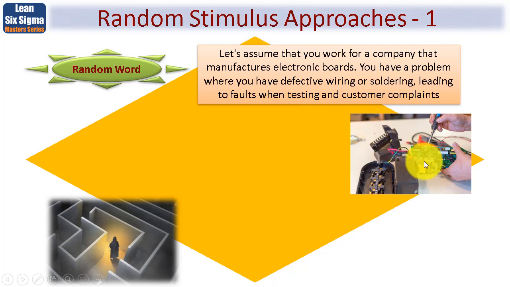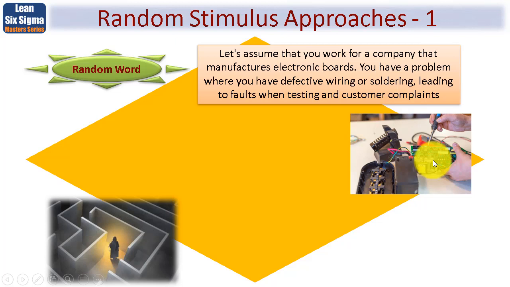Here's a typical electronic board that I'm familiar with, lots of different electronic components on it. It forms part of the inside of a product, and it therefore has to be linked and wired up to the box that it's sitting in with various controls, switches, knobs, and what have you. And the problem we had was defective wiring and soldering, since the PCBs were generally less open to human errors.